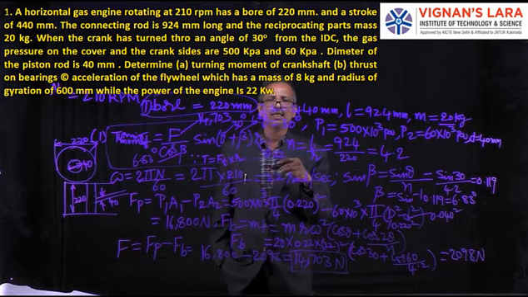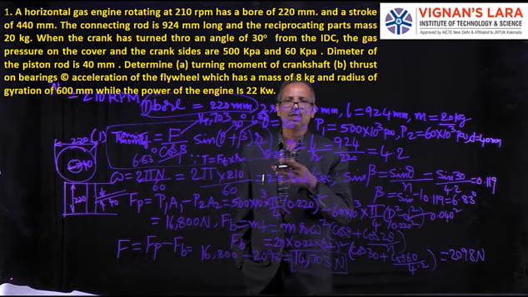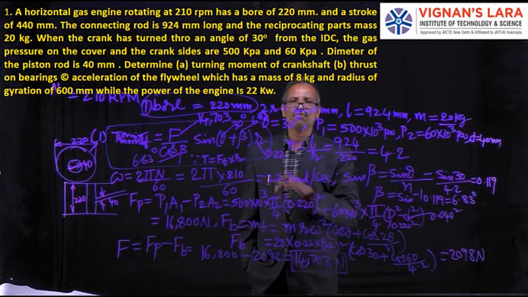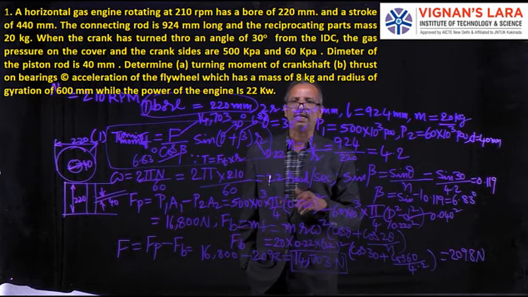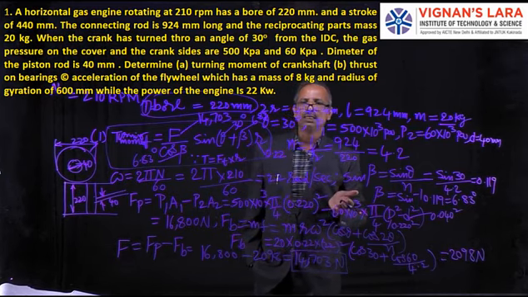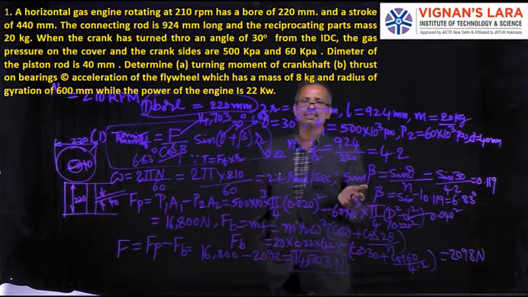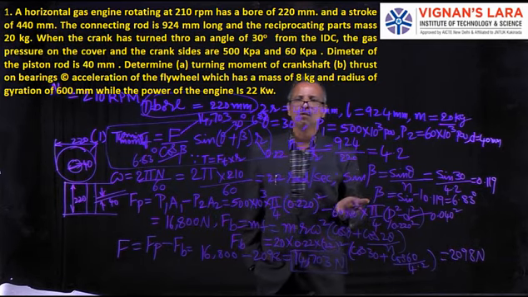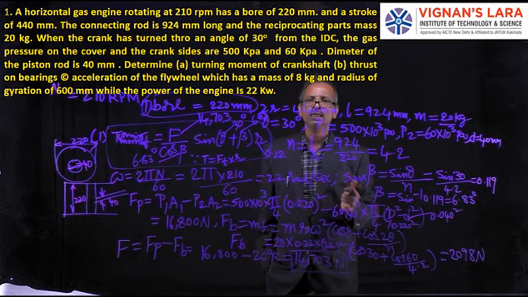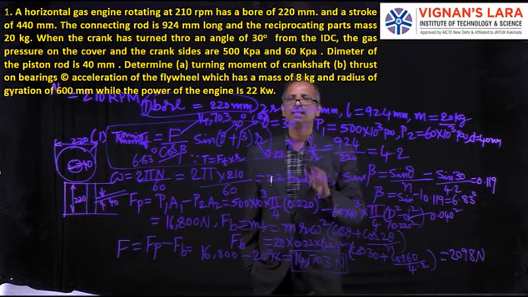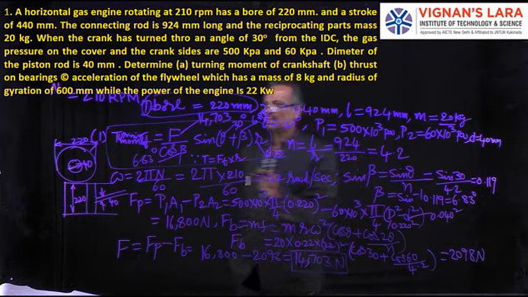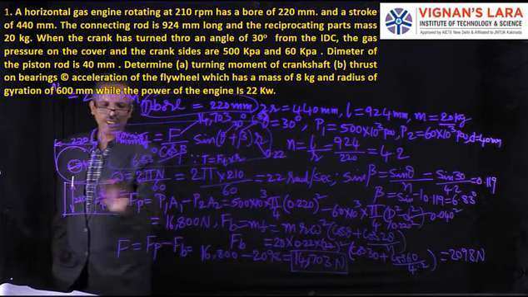It is nothing but what you call the total rotation from one end to the other end, that is from inner dead center to outer dead center, or top dead center to bottom dead center. That is this 440, which we call stroke, that is moving the piston from one end to the other end.